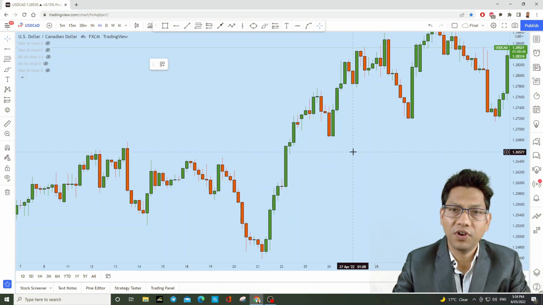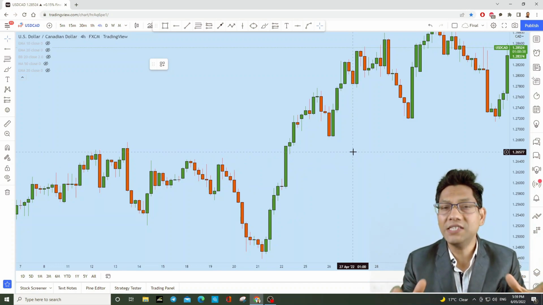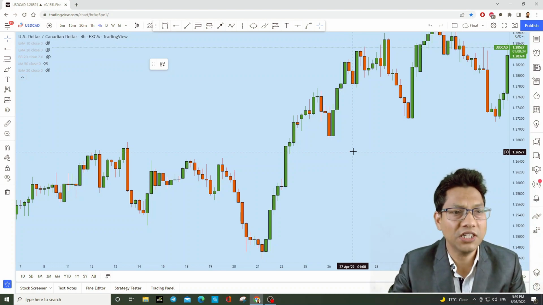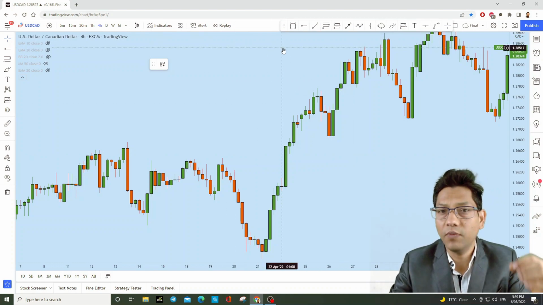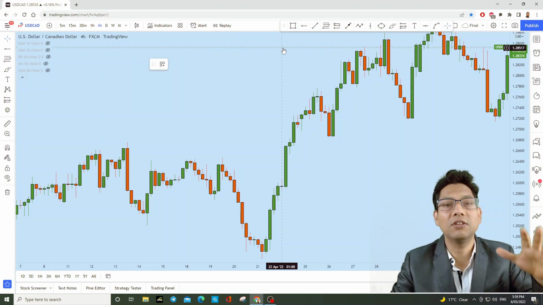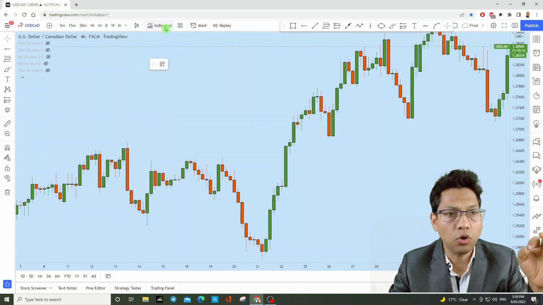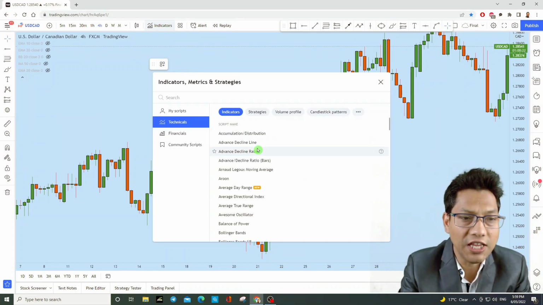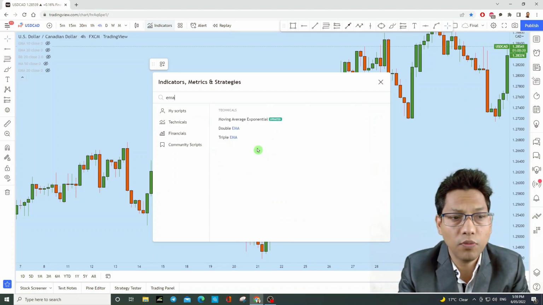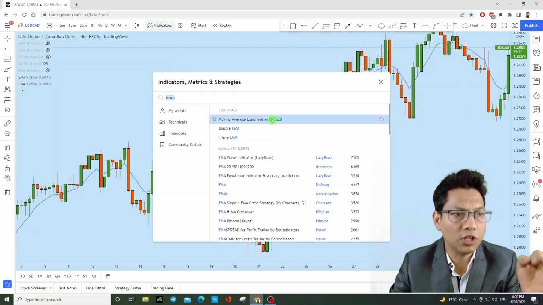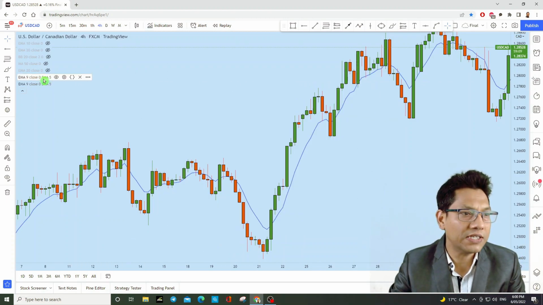So let's first begin with placing the indicators on the chart. If you don't know how to place an indicator, this is the TradingView platform, but whatever platform you are using, this indicator is very common. Go to the indicator section, click on it, then search EMA or exponential moving average. You'll find it. Click it twice so that we have two. As you can see, on the chart we now have two moving averages.